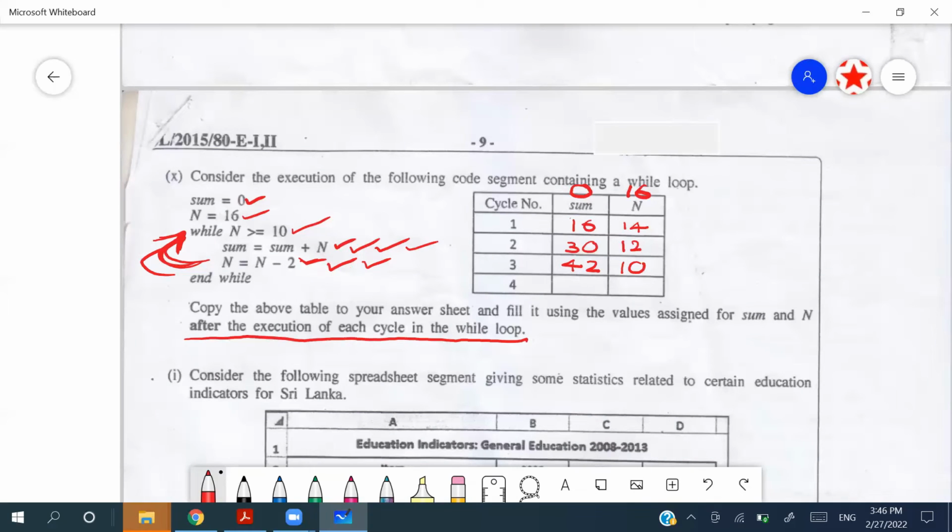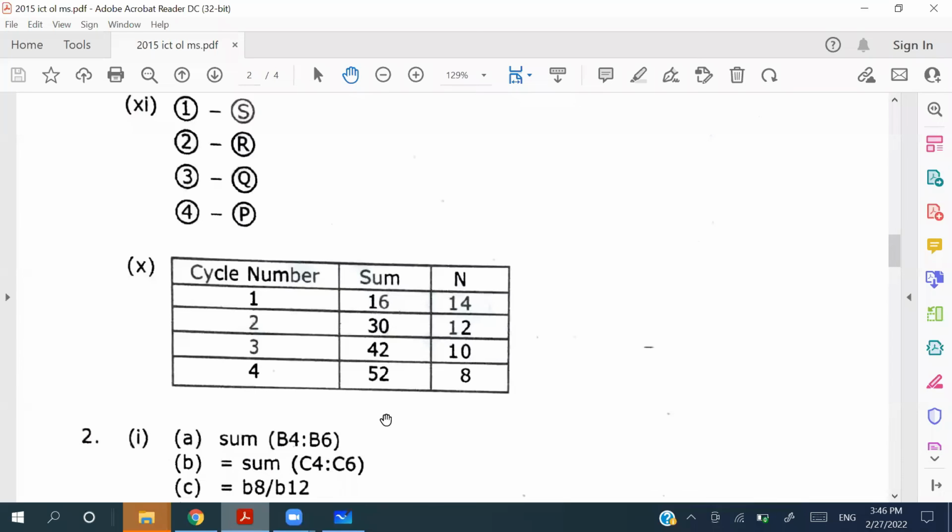Sum plus n, 42 plus 10, 52, and n minus 2 is going to be 8. Now the condition is going to be wrong, so it goes to the end while. In the marking scheme it gives the same thing: 16, 30, 42, 52 for sum, and n 14, 12, 10, and 8.